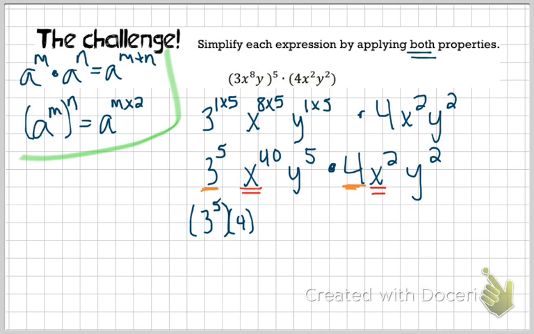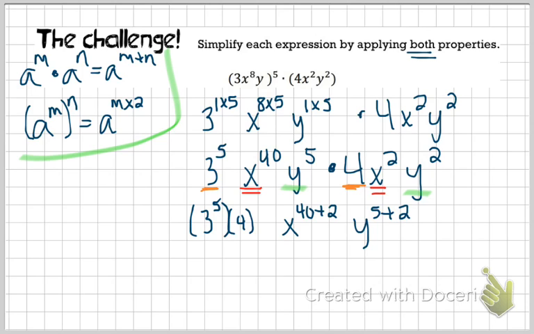And because we know they have the same base, that means we can apply the first property, product of powers, and we can add the exponents. Same thing for the y. So we have the base of y, and they're identical. So that means we can add the exponents.